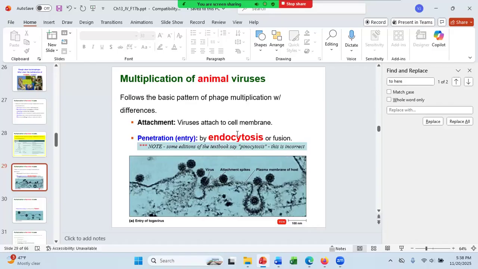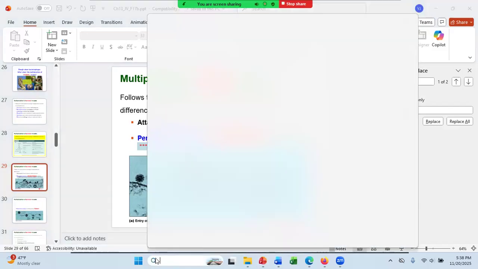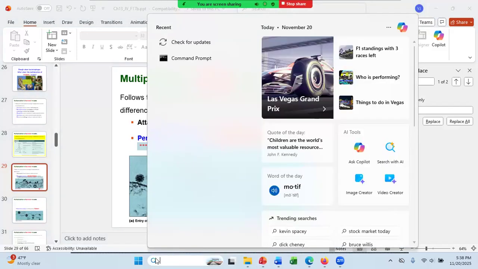The other way that a virus can enter the host cell is by fusion of the viral membrane. Well, that's not working right. Let's see if I can get Paint here.